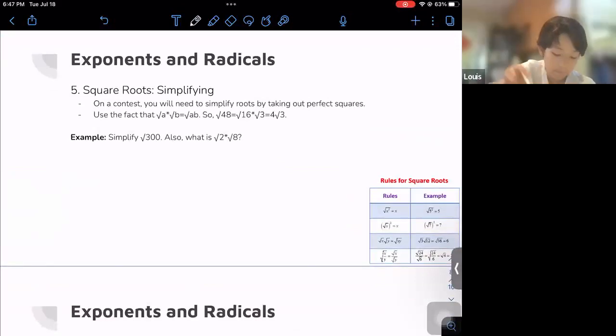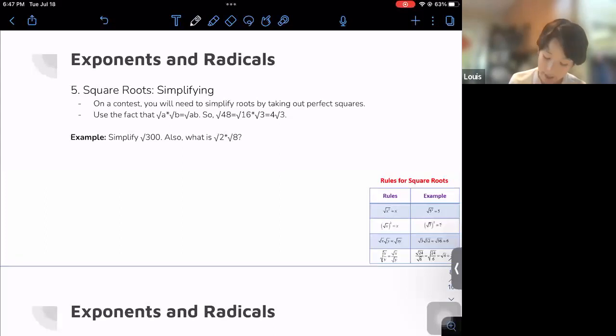Okay, so usually on a contest, you will need to simplify the roots by taking out the perfect squares inside. So we can use the fact that root A times root B equals root AB. So root 48 will just equal root 16 times root 3, which is 4 root 3.